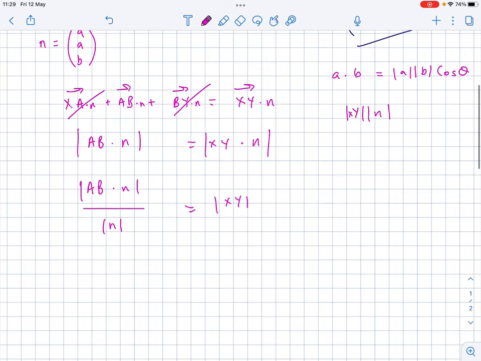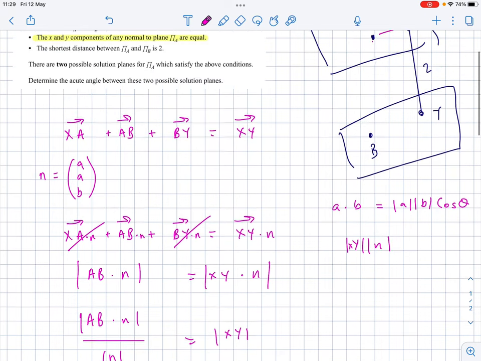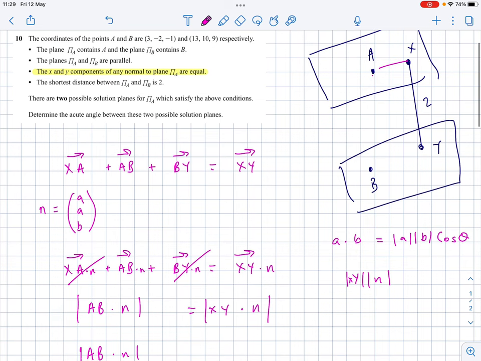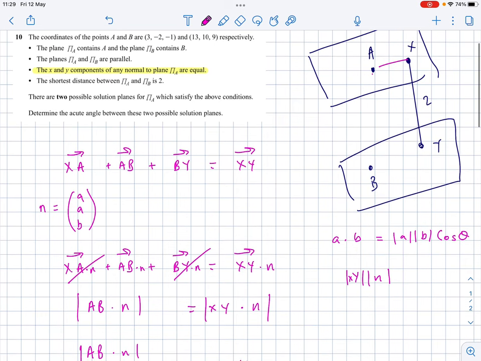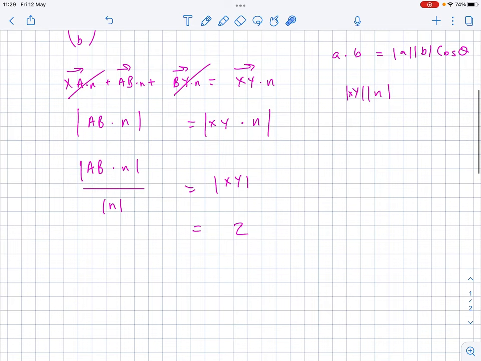So we were told in the question that that was 2. That's groovy. And then finding AB, we can just go on and do that using this information that we've got. So AB would be B minus A, so we'll get 10, 12, 10.